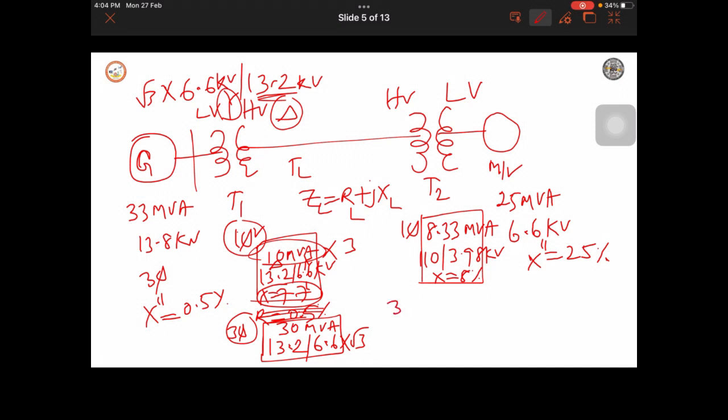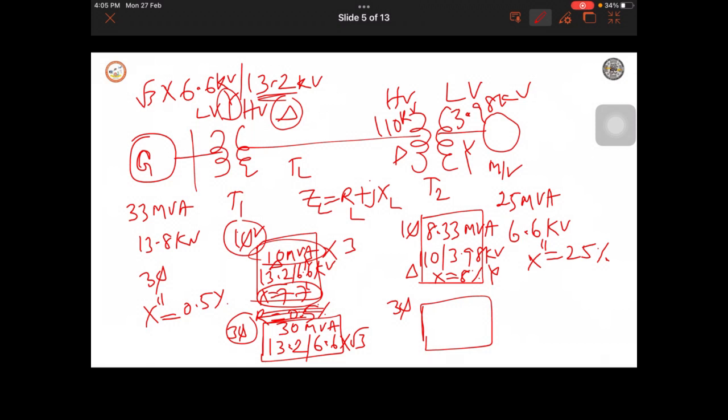So how to convert into 3 phase? See here, HV side is how much? The given winding connections are delta star. This is delta, this is star. So this is 110 kV delta, bar 3.98 kV star.